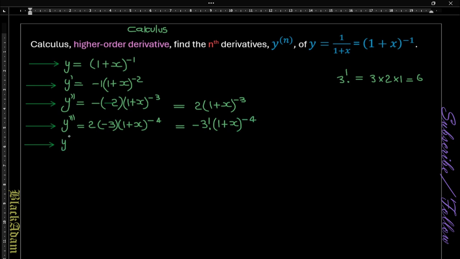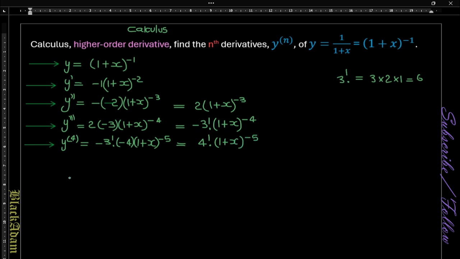And then coming to the fourth derivative, that's going to be negative 3 factorial multiplied by 4 times (1 plus x) to the power negative 5, so that translates to positive 4 factorial times (1 plus x) to the power negative 5.